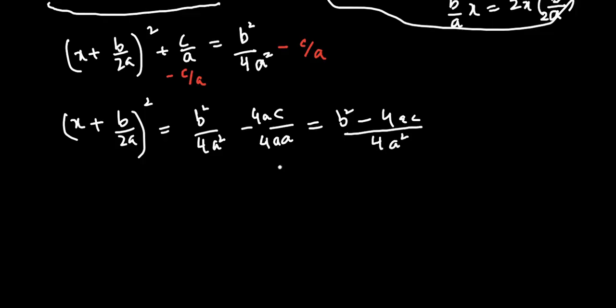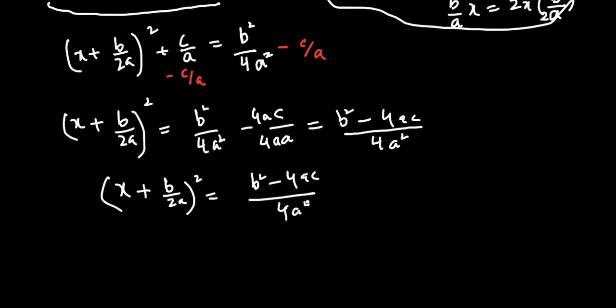All right. So now we need to find x plus b by 2a. So x plus b by 2a squared is b squared minus 4ac divided by 4a squared.